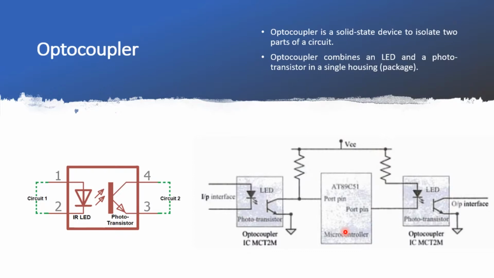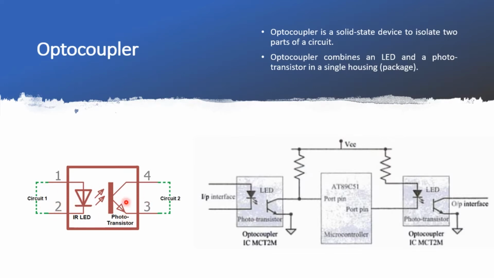There are other advantages of signal intensification also. You can intensify the signal if the signal is below acceptable values, using phototransistors. I hope you know how it works. There will be current flowing here from 1 through the LED to 2, and an equivalent light energy will be produced here. This is a phototransistor.